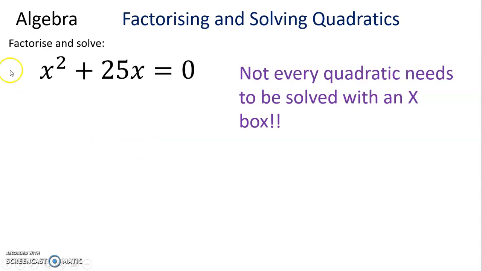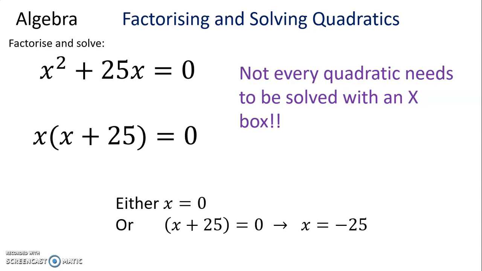If we remember, for example, in this one, that C is 0. So when we do 1 times 0, we'll have 0. And then B will be 25. But there's no need to use the x box here because I've got a common factor here of x. So I can just take out x, and those will be my two factor pairs.